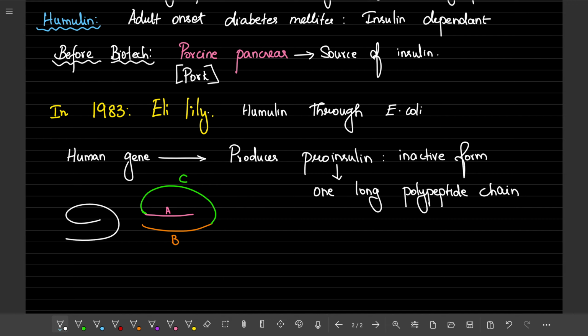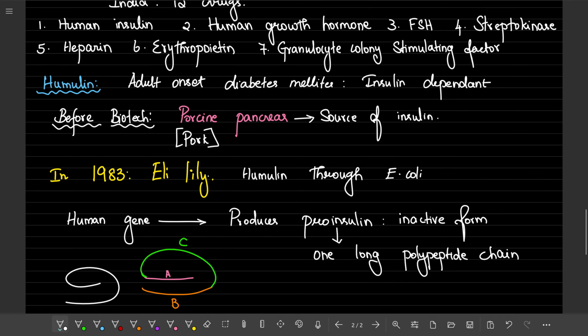Only human cells can produce the proteins and enzymes that can break these peptide bonds, which E. coli doesn't have. So it is very difficult. So what did Eli Lilly do? We will see it right under this. Understood why it is difficult? You can't simply take the gene and put it inside E. coli, because E. coli will then produce only proinsulin, which is of no use in our body.